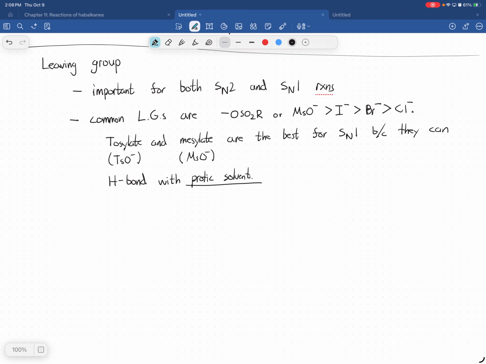Because this one was the first one. Because this one is an H and 3 carbons, and then on this one. But let's just say we're comparing this one. It would be 2, right?